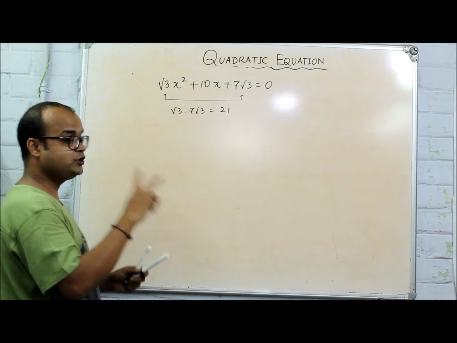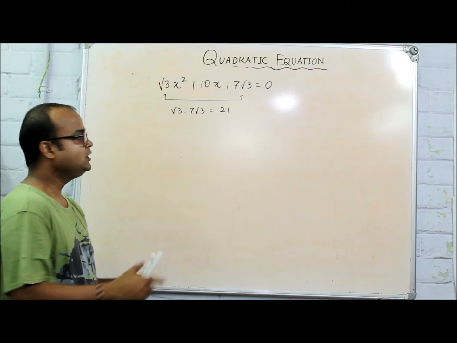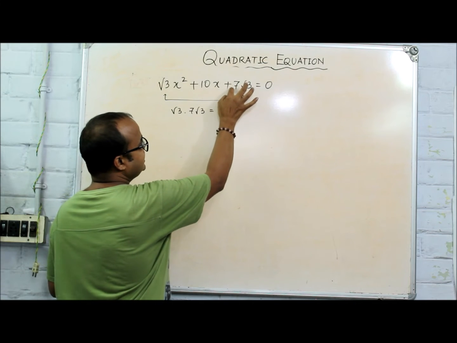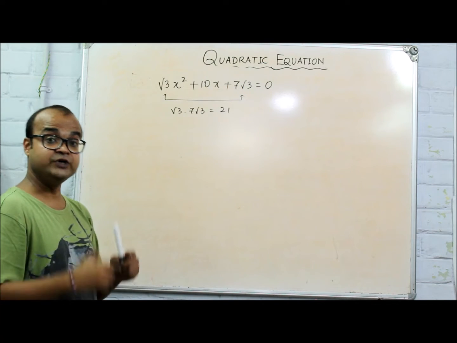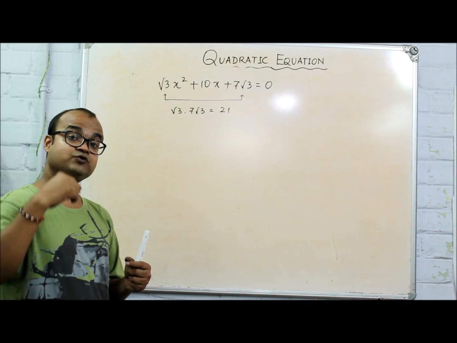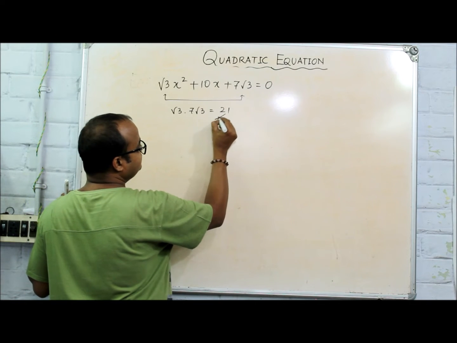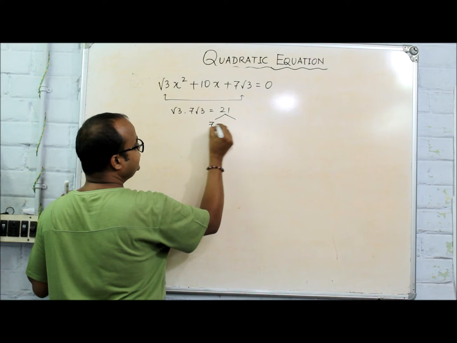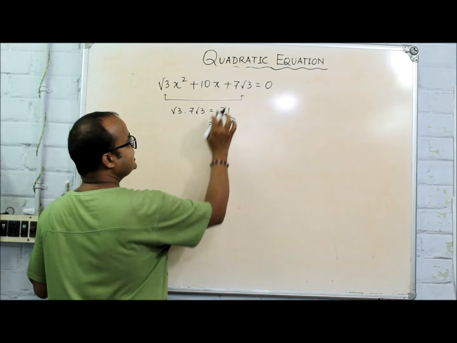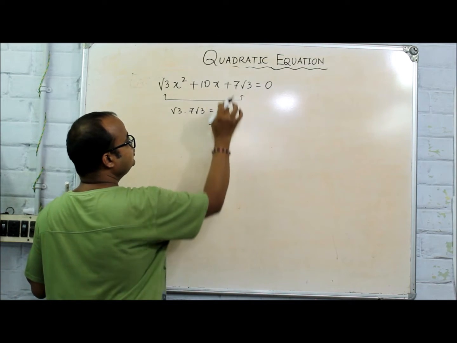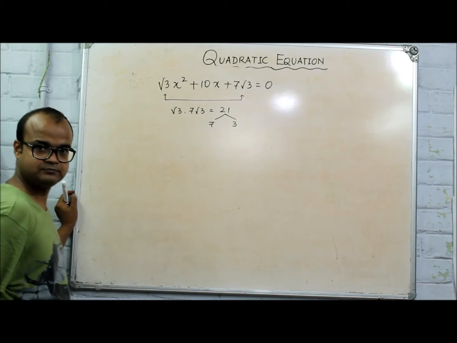21 needs to divide it into two parts such that this sign indicates which operation we need to apply. So 21 need to divide it into 7 into 3 such that sum of these two numbers is equal to 10.